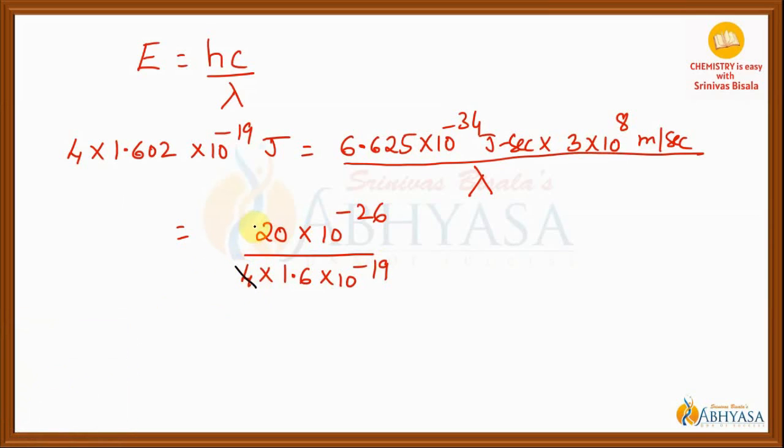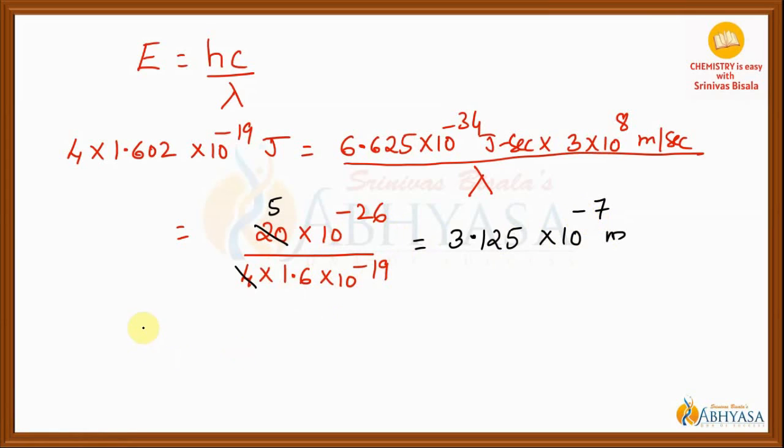This goes 5 times, and 5 divided by 1.6 is nothing but equal to 3.125 into 10 to the power of minus 7 meter. This minus 19 will become plus 19 when it comes to numerator. So minus 26 plus 19 is minus 7 meter.